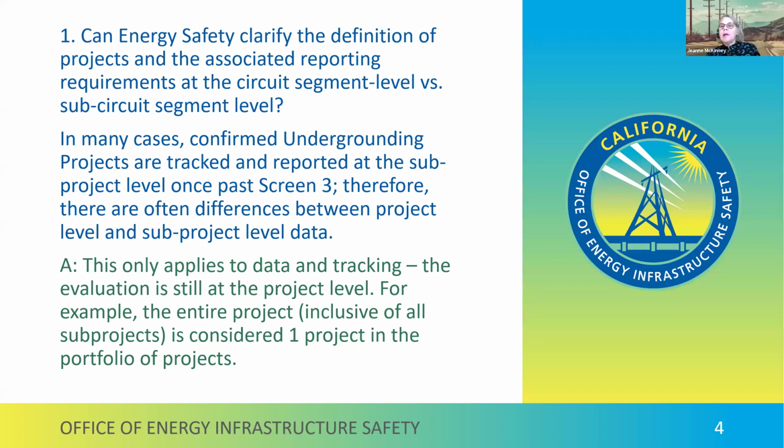And Clayton, did we want to ask them about the different types of data for sub-projects? Sure. Yeah. The other question we had was about sub-projects. It seems like the main distinction that sub-projects have is that they can go through scoping, permitting, and other stages of construction at different times.